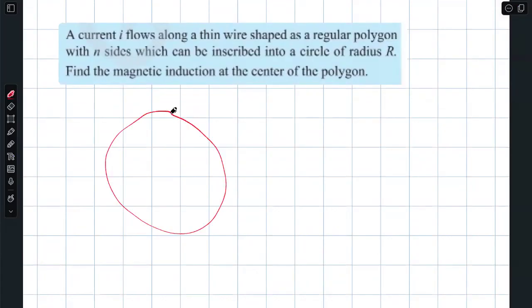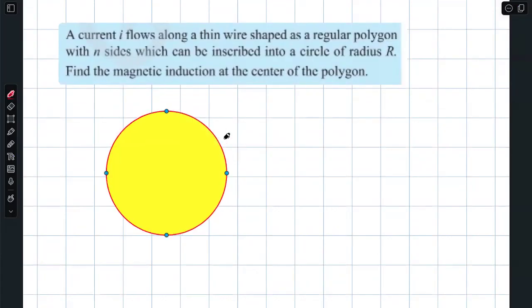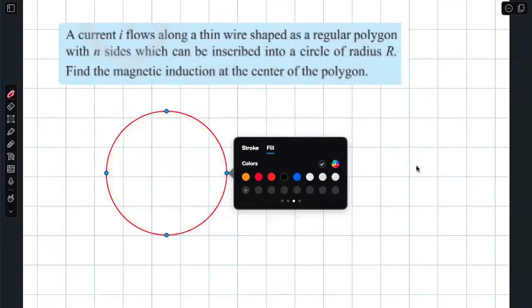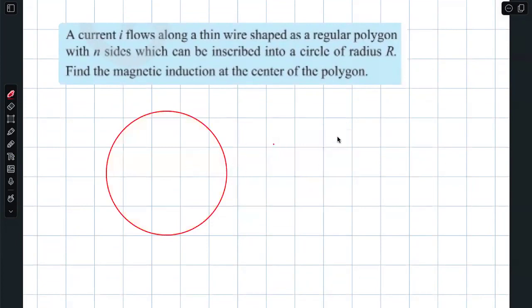Now imagine that this is the center of that particular polygon. Maybe n sides are there. We will take one such side, something like this, AB.